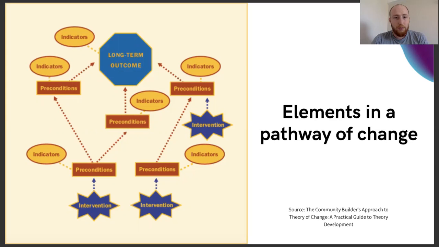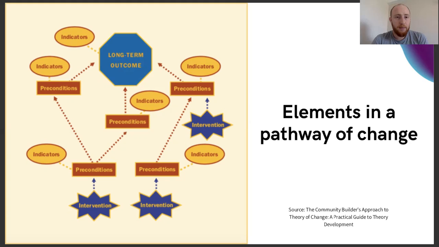Another important part is indicators, which show that this or that precondition will happen or will take place. You cannot see it on this map, but all these arrows explain different assumptions, which are connections between the preconditions for long-term change that occur at every step when you implement theory of change in your organization.